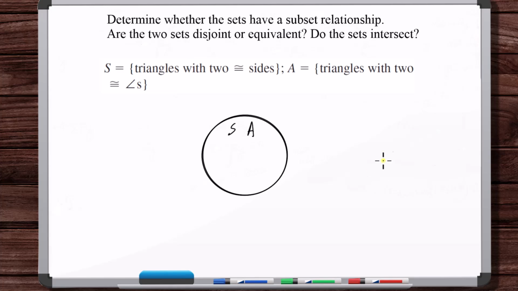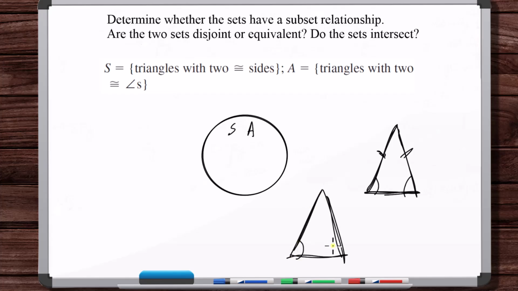If you have an isosceles triangle, that's a triangle with two congruent sides, then it must have two congruent angles, being those base angles. And same idea in the other direction. If you start by showing that there's two congruent sides or two congruent angles, then that means the sides opposite those must be congruent.